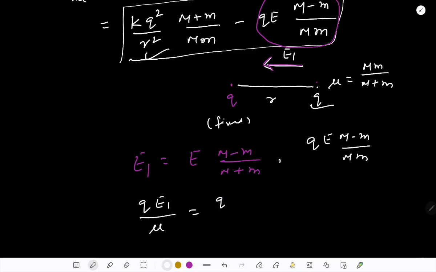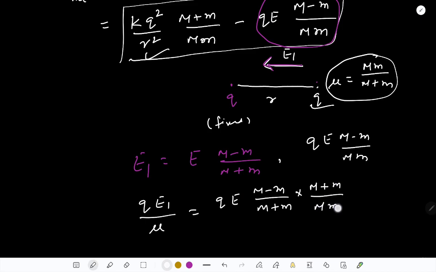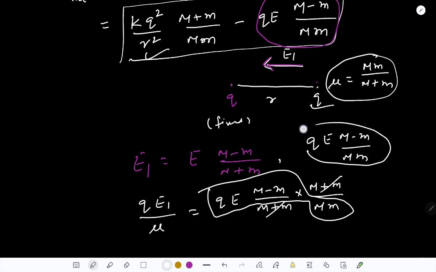So the value of E1 is E times M minus m divided by M plus m, and now we need to divide by mu, so it's better to multiply by m plus M by mM, and you can see the rest of the things. And why in the opposite direction? Because it has come here with a minus sign.